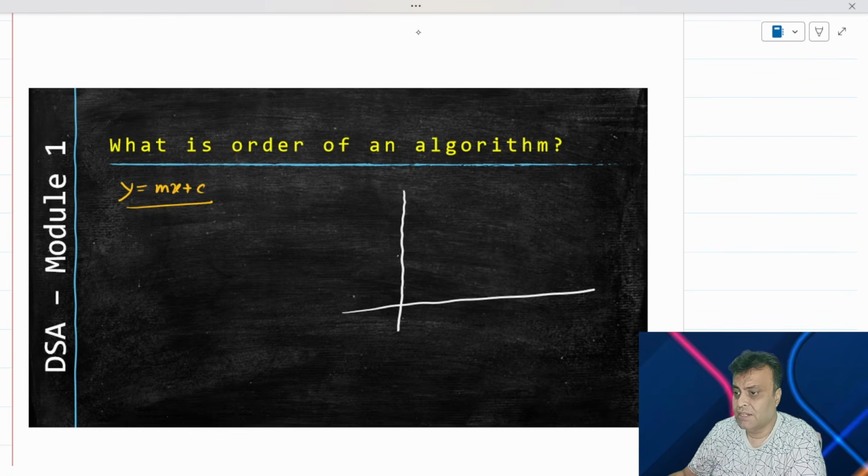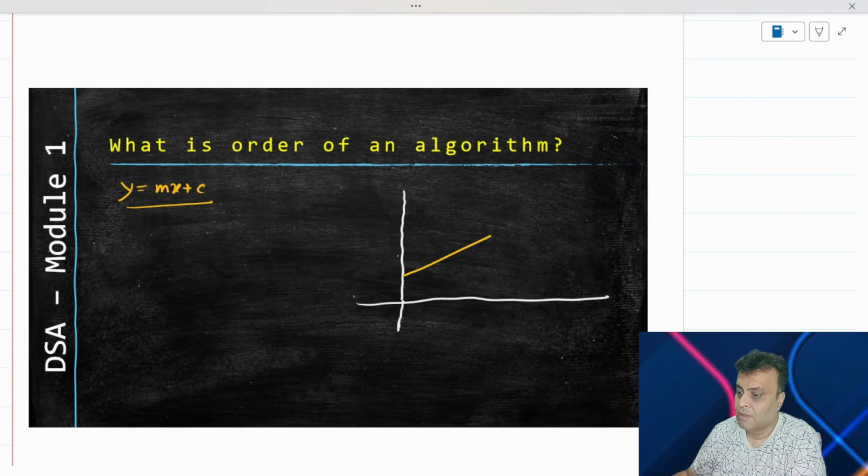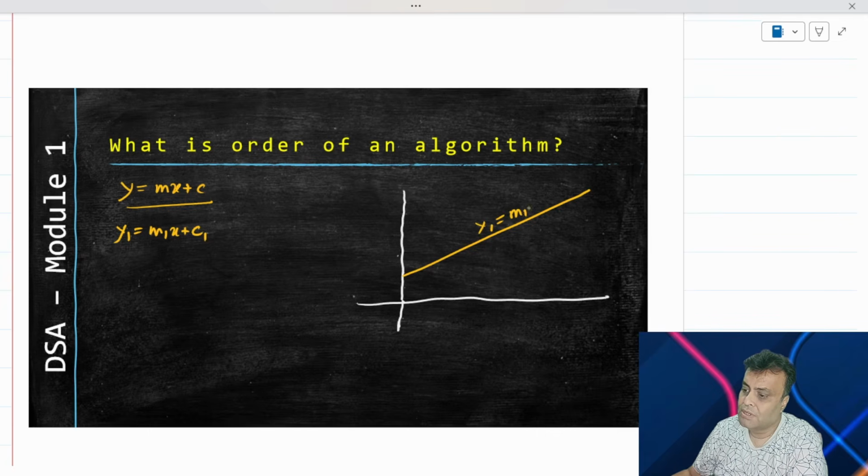So let us say that if we have a line like this, then I'm sure you would understand that we can call this y1 equal to m1x plus c1.